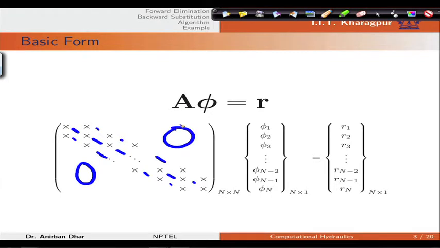Now, if we have a large n by n matrix, and we need to store these extra 0 values, where we know that if we multiply phi with that 0 value, obviously it will not add any value to our calculation process.